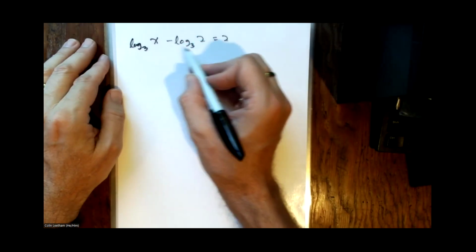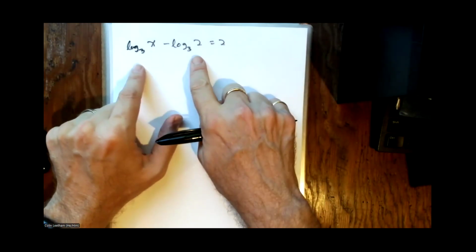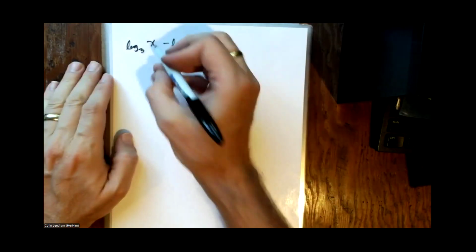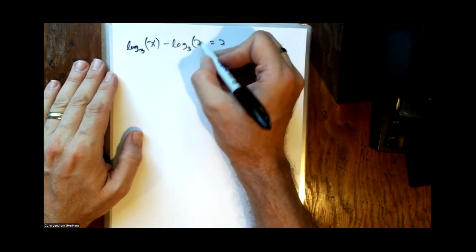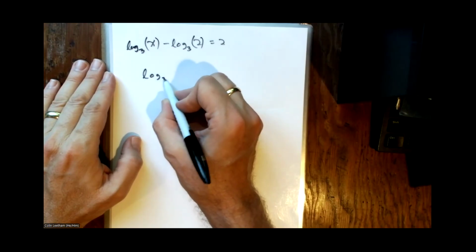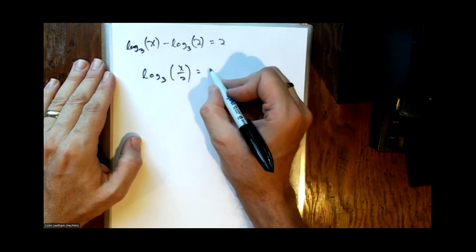Okay, again, our properties of logs. Remember, if it's subtraction, I'm going to be dividing, and whatever I'm subtracting is going to be the denominator. So this is going to turn into log base 3 of x over 2, and that's equal to 2.